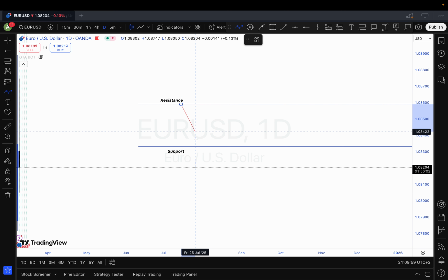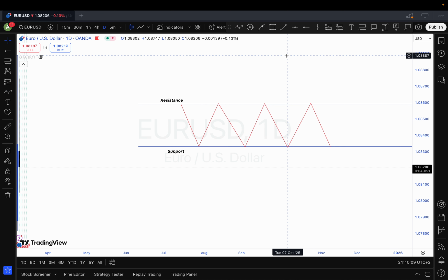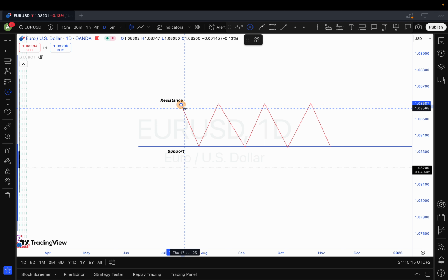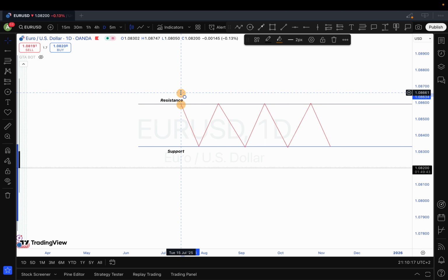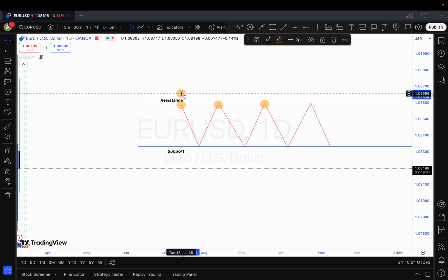All right, so we have a support here, a resistance, support, resistance, and so on like that. Whenever we have this kind of thing, here is meant for a sell. Okay, and then we can sell here, and here, and here as well.